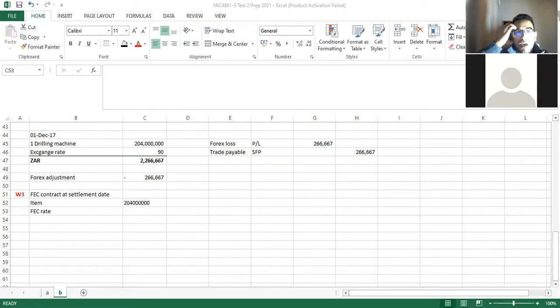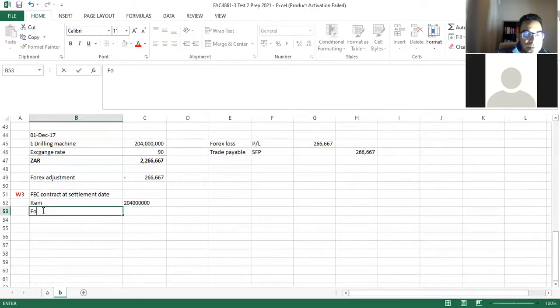In the last paragraph on page 90, it says on 1 October 2017, Satoshi entered into a 5-month forward exchange contract for 204 million won, payable on 1 February 2018 in order to hedge against the foreign currency risk. The forward rate is 1 won equals 1 cent. So let's call it the forward rate.